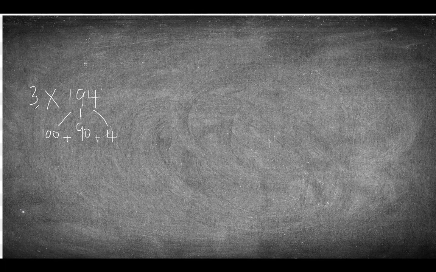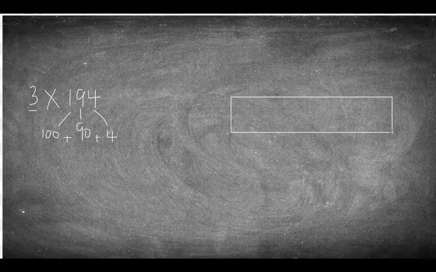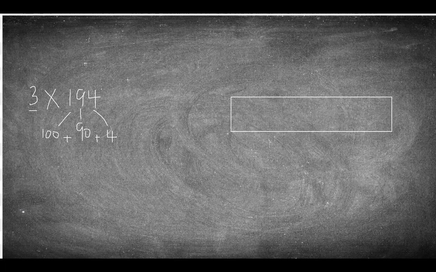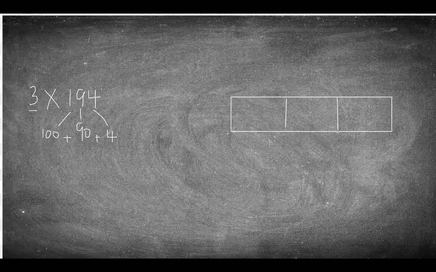Now, the first factor, which is the 3, it's 1 digit. So I need to draw my box or my unit bar and have 1 row because I only have 1 digit. I'm going to look at the second factor, which is 194. It's split into 3 digits. So I'm going to need 3 columns. 1, 2, and that's the 3 columns.